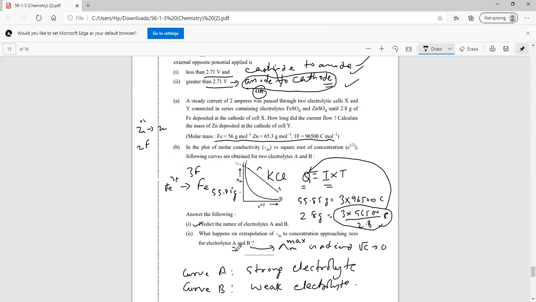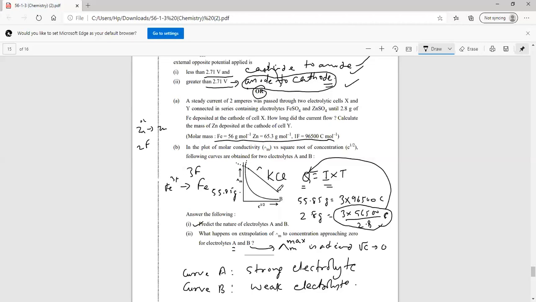But in case of strong electrolyte, it is very clear that if it is in the solution, it will have high conductivity, and if it is not there in the solution, it will have no conductivity. So there is no increase or decrease in the molar conductivity as such with dilution or with increase in concentration in terms of strong electrolyte.